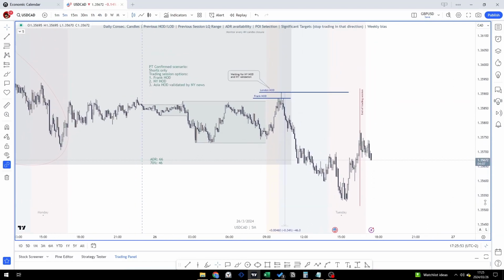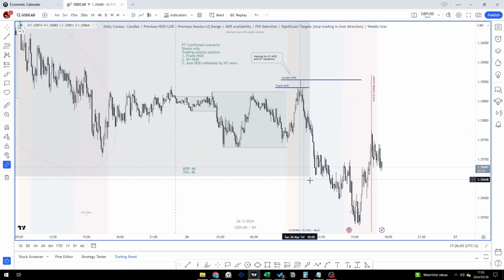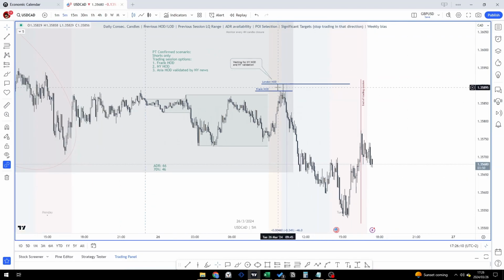However, from our trading perspective, instead of having a Frankfurt high of the day, the market created a London high of the day. This London high of the day, unfortunately, cannot be traded based on our data collection, the fact that London-based high of the days are generally bad or don't give positive outcomes, and the fact that they generally don't follow through.